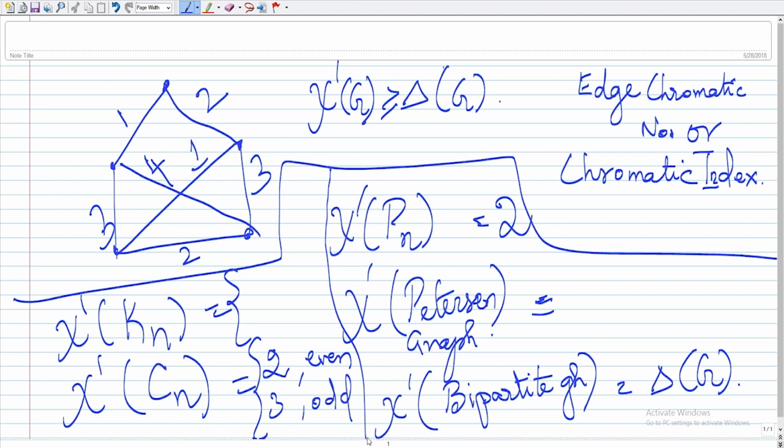Is it that difficult? n into n minus 1 by 2, wow, that's a good number. Can you tell me how did you come up with that? Because first you choose one, then the other guy has one less option, then the other guy has 2 less options. Who's the other guy? The other remaining edges. Why should it be? We are talking about proper coloring, right? Why you require n into n minus 1 by 2?